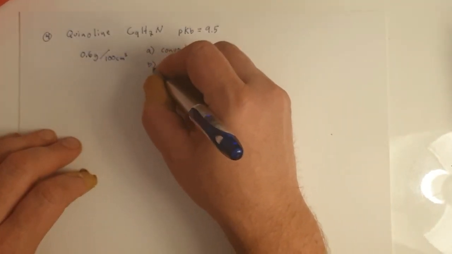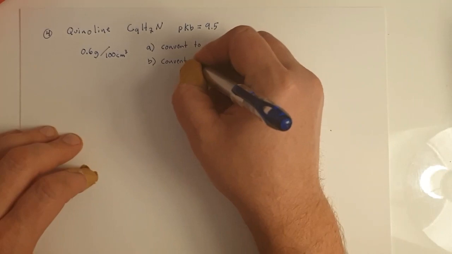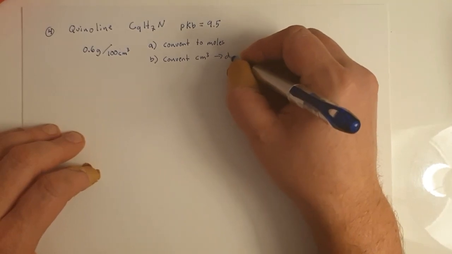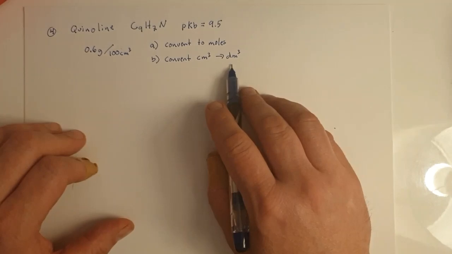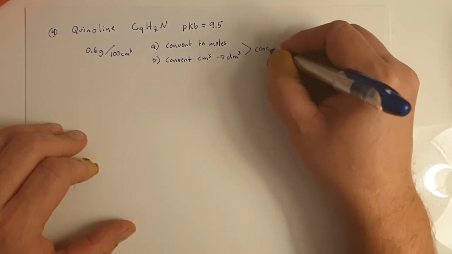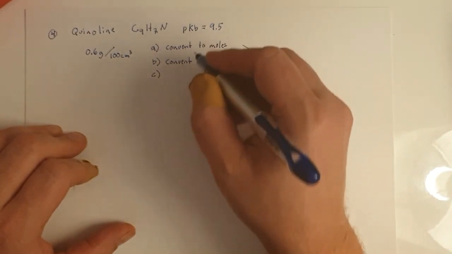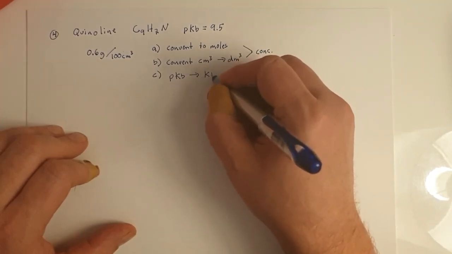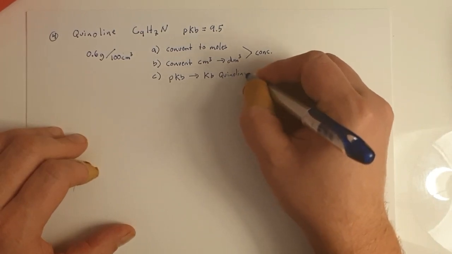And B, we need to convert cm3 into dm3, that is cubic centimeters into cubic decimeters. This is combined to find the concentration. And C, we need to work with pKb to find the Kb for quinoline.